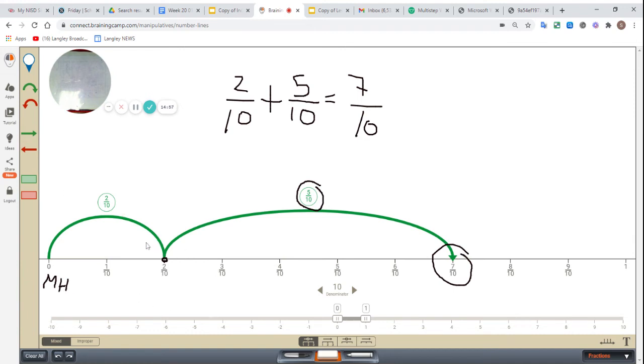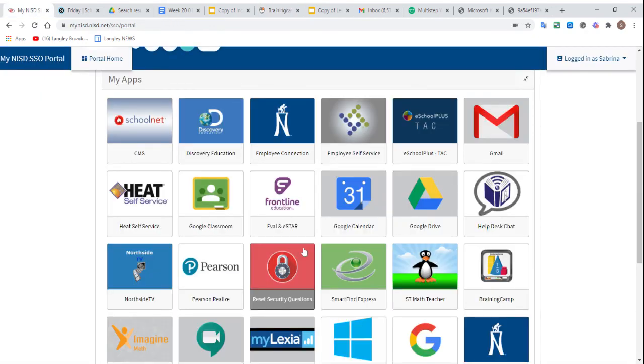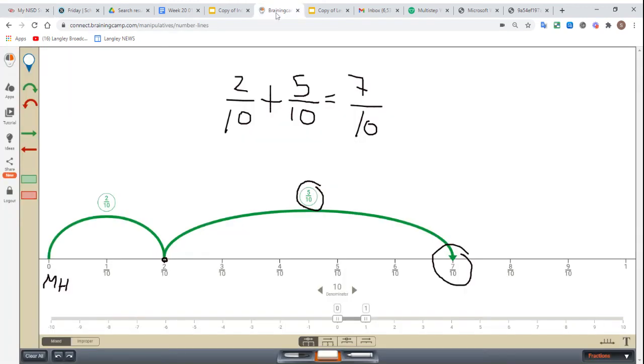So let's take a look really quick. When you go to Braining Camp, you go to your portal. When you go to your portal, you click on Braining Camp, there's going to be a little box that says Numberline, and you'll have to click on that.